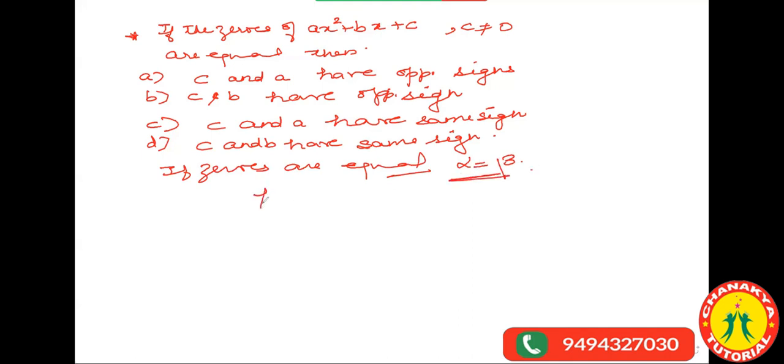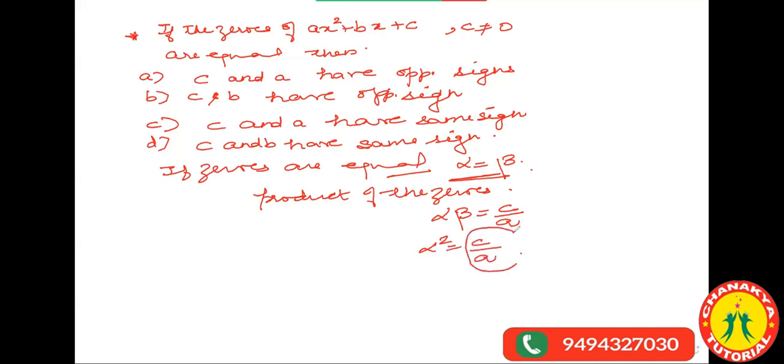Right? Now when you are calculating the product of the zeros, alpha beta, this is equal to alpha square, and that equals C by A. Right? Alpha square is equal to C by A, means both will be of same sign. Then only you can calculate the value of alpha. Do you get that?